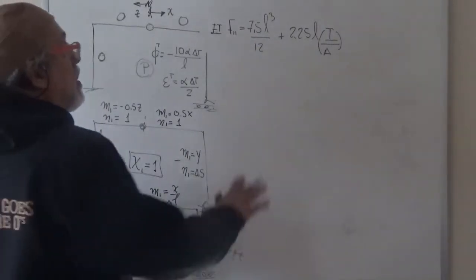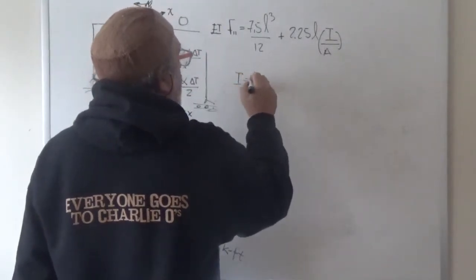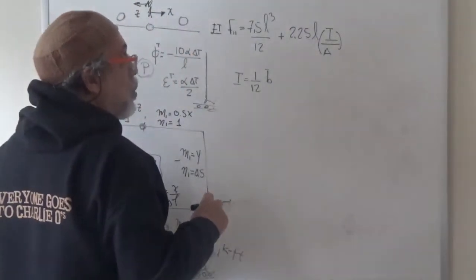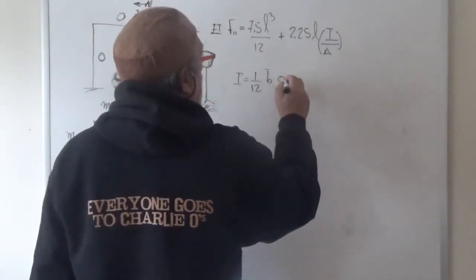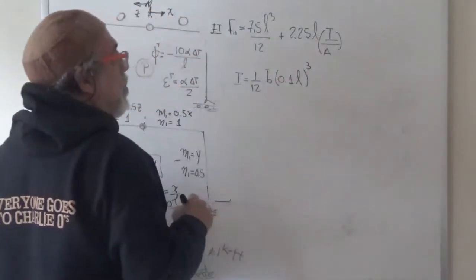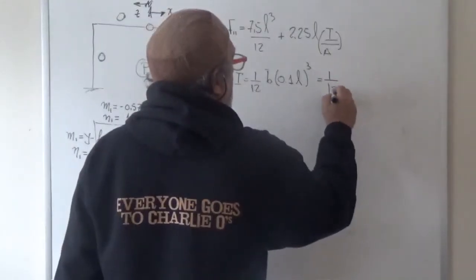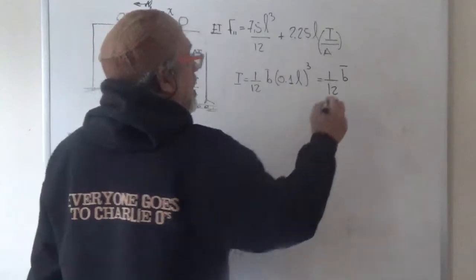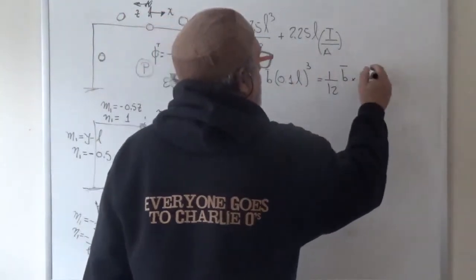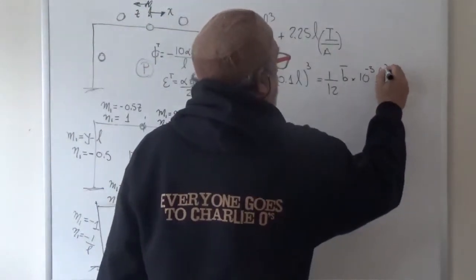Now, I'm going to do this. I is 1/12 of B bar times D bar cubed, right? But remember, D bar was 0.1 L. So that's the moment of inertia, right? So we have 1/12 of B bar, that's 10 to the minus 3 times L cubed, right?